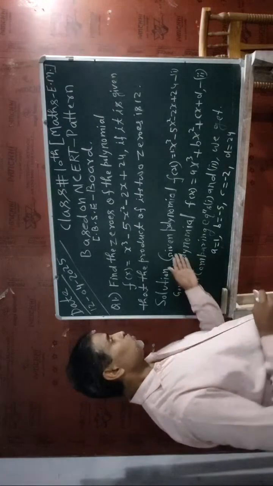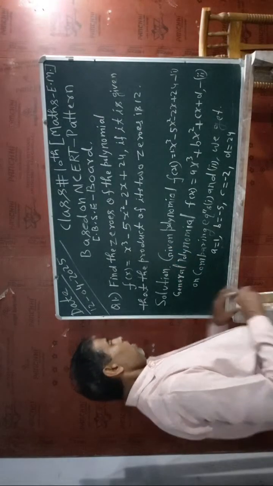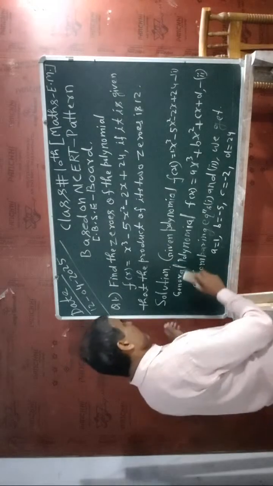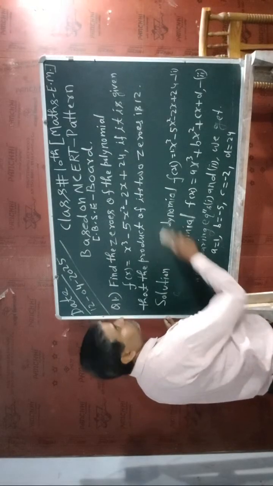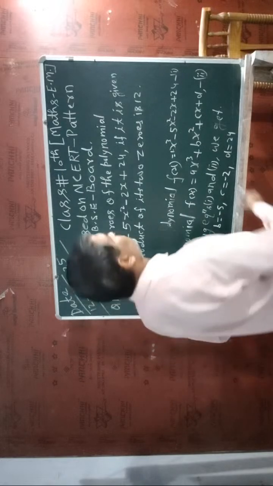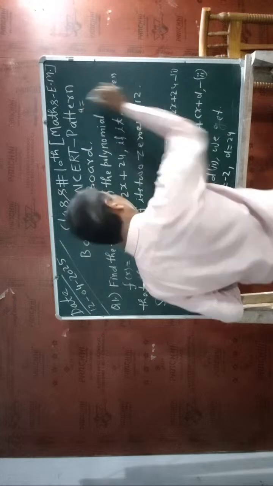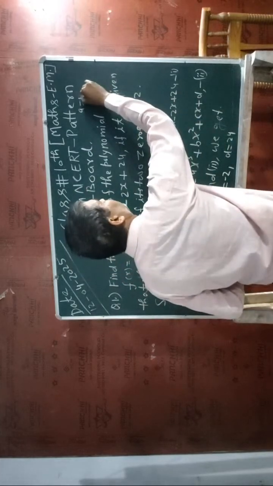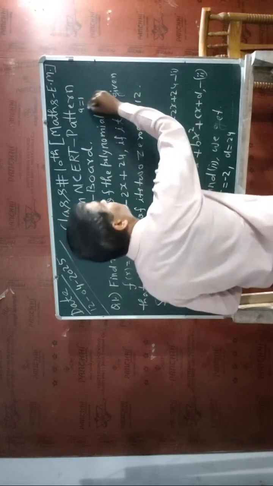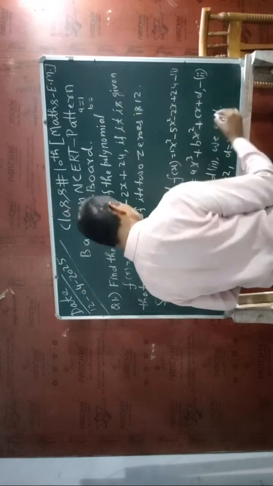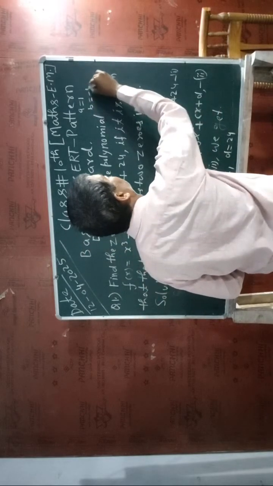Okay students, so I am going to erase this one. This value I am going to save here for further use. The value of a is 1, so I am writing 1. The value of b is -5, so I am writing -5.